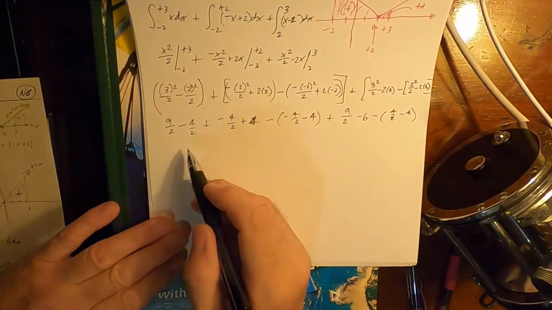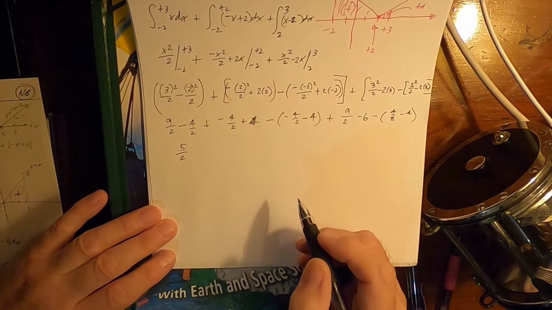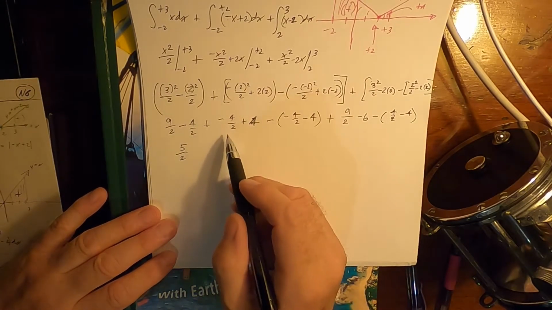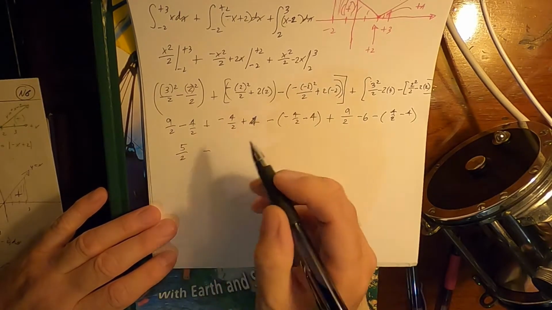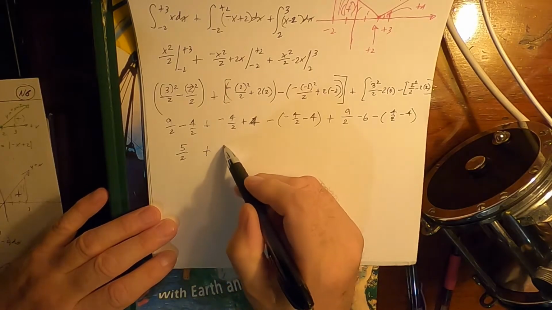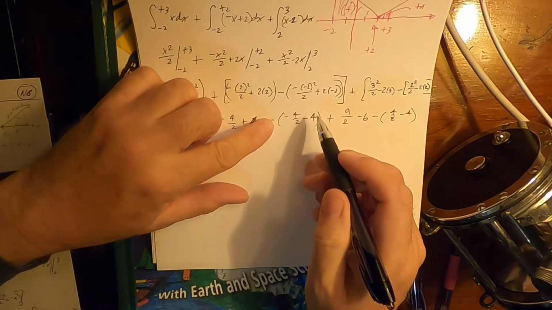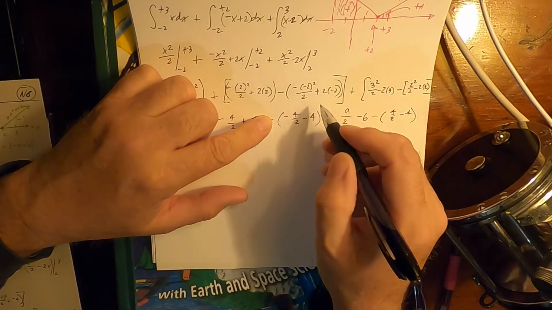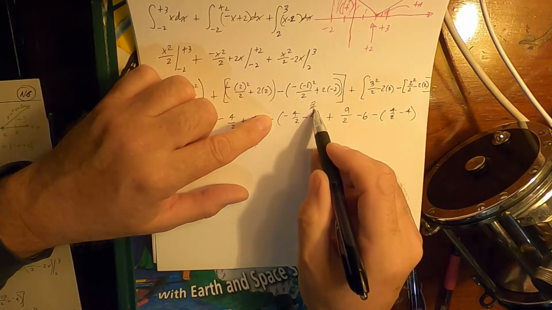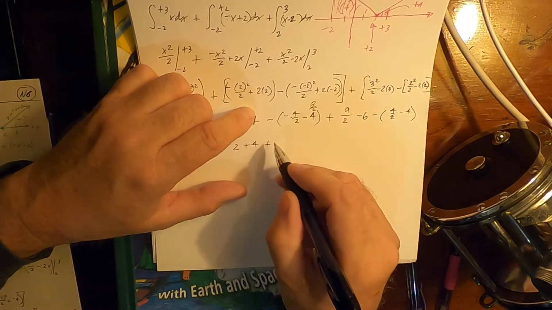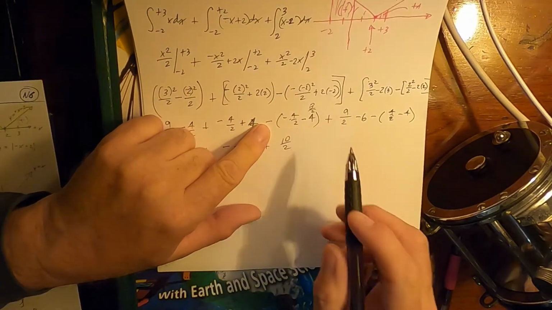And the next line, this would be 5 halves, okay? And over here I'd have minus, plus a minus 2 plus 4. And inside of here, what would I have? I'd have 8 over 2 minus 8 over 2 minus 10 over 2, but it becomes plus 10 over 2, okay, because of this sign here.